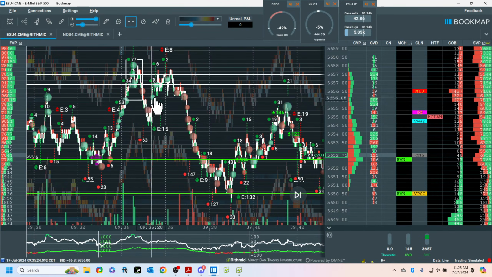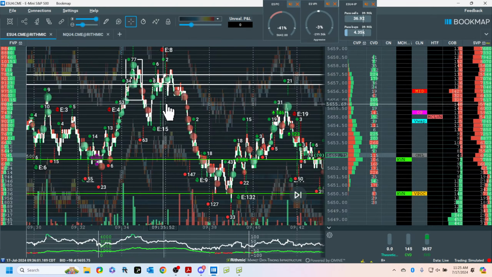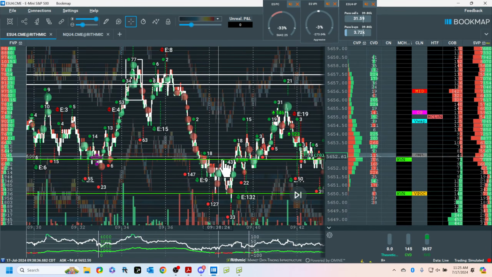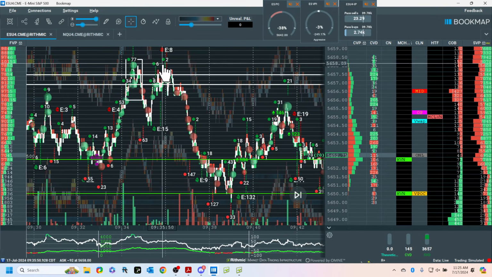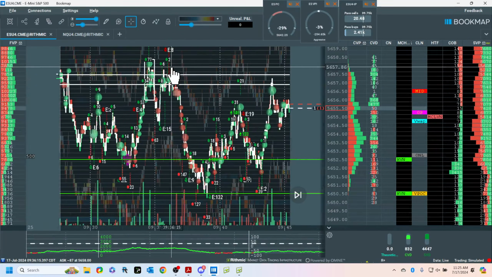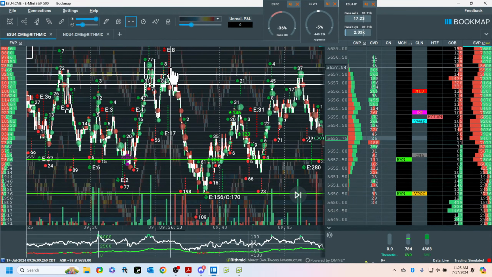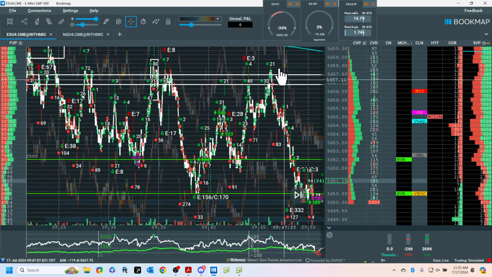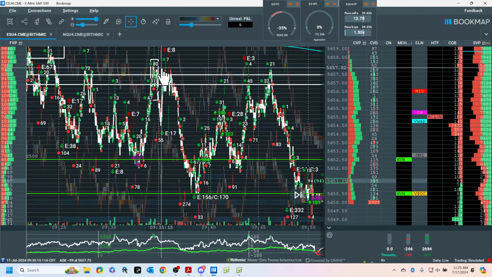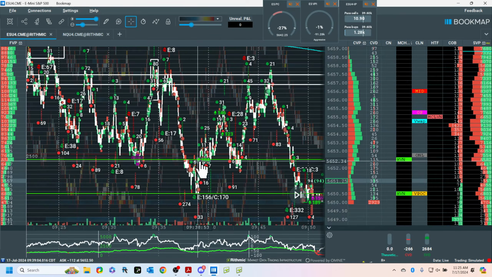See the symmetry? So I know this is too high. I know one of these could be a scale. My stop stays here or here. Remember, this is another short right here. So you could keep your stop above this, get risk neutral.